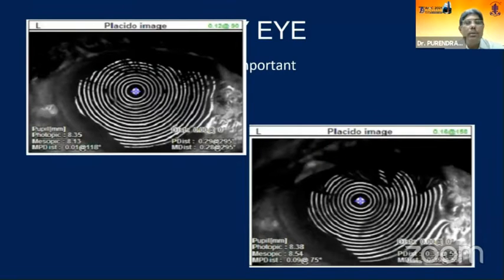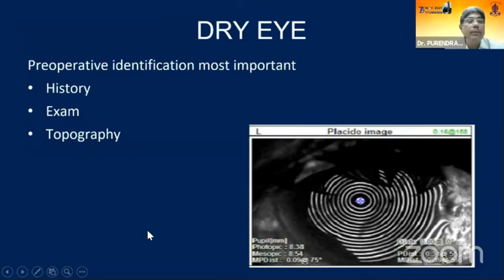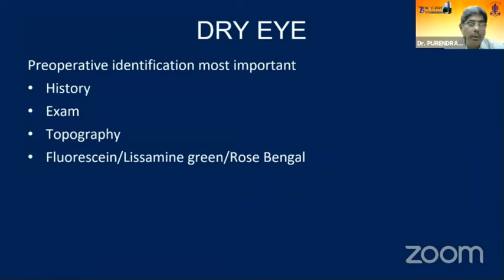As you can see, the topography shows mires which are irregular in this particular case, and this should alarm us that this is not the right candidate for the multifocal IOL. And fluorescein, lissamine green or rose Bengal staining will help guide us in the presence of dry eye.